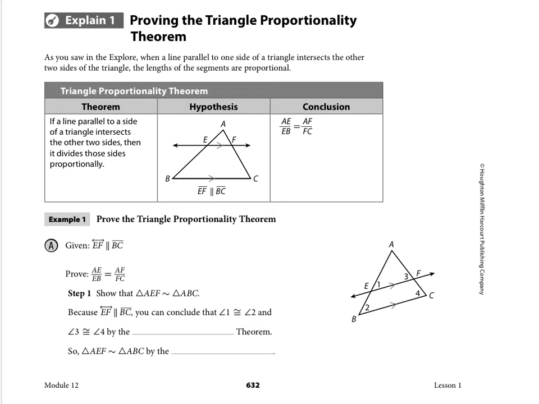So AE is above EB in the fraction, AF is above FC, and again, AF is above FC in the fraction itself. Just a reminder of what you need to remember, though, is that it's no longer small triangle to big triangle, but that parts of the triangle are proportional.